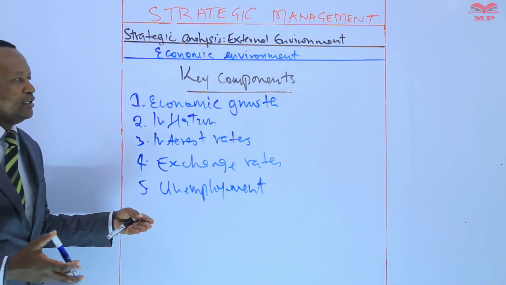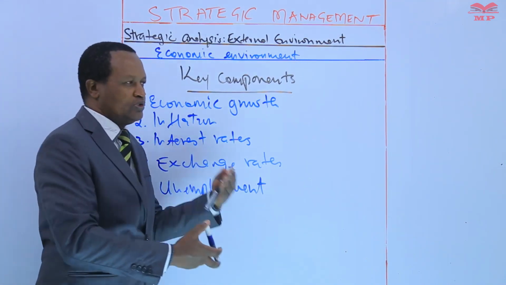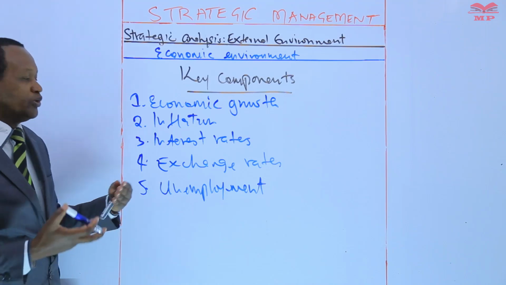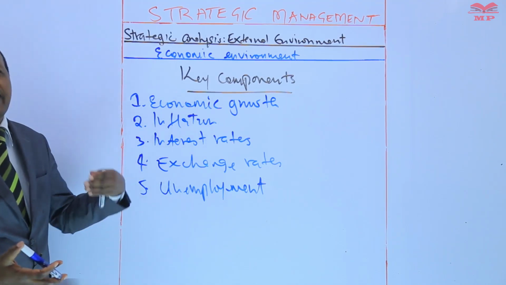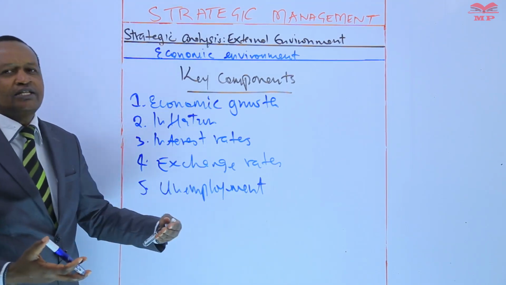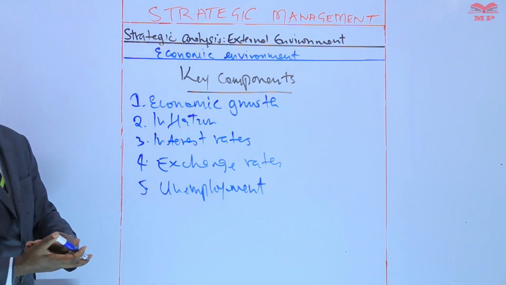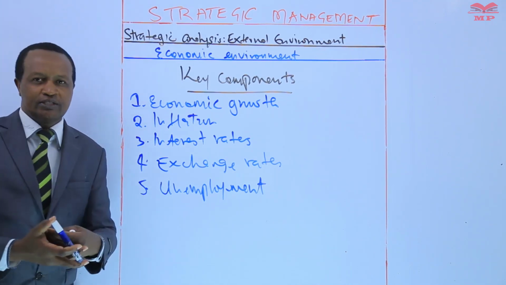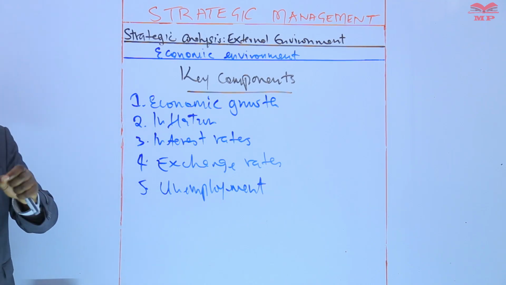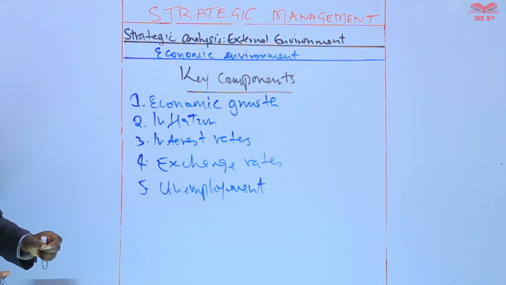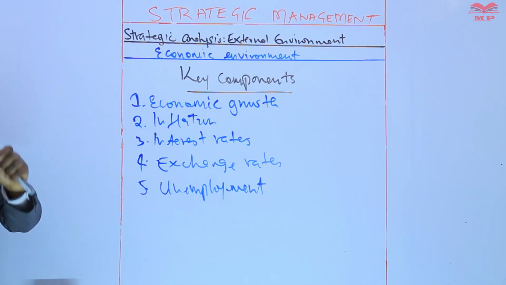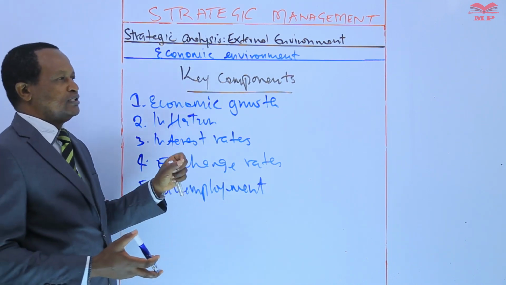There are those in the labor market who qualify to do jobs, but they may not be employed. So high unemployment can indicate a weak economy, while low unemployment can signal a strong labor market. So unemployment levels can influence wage rates.